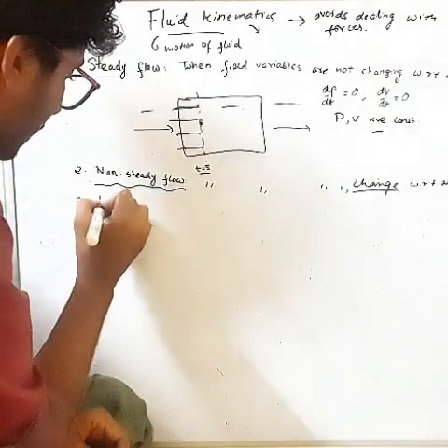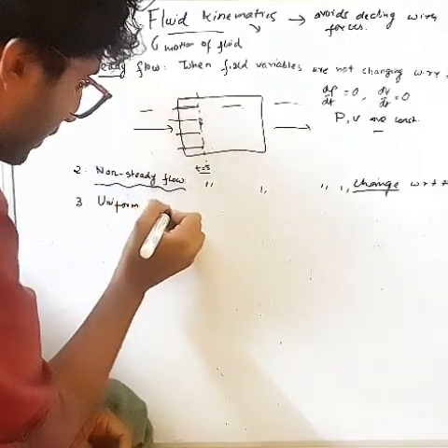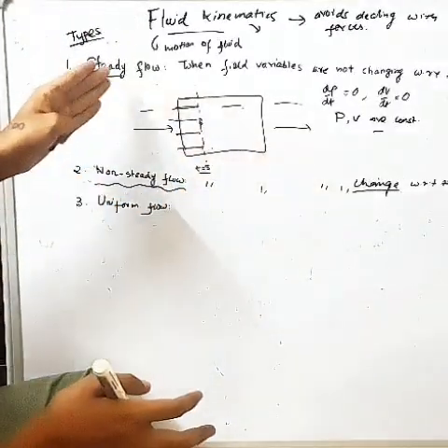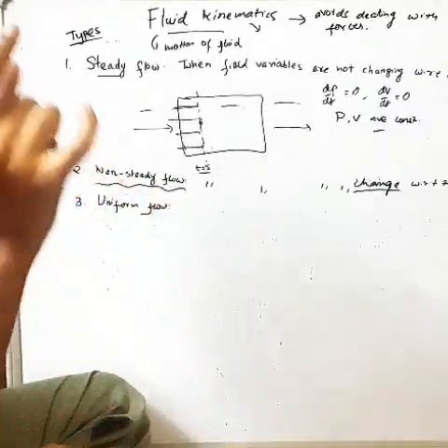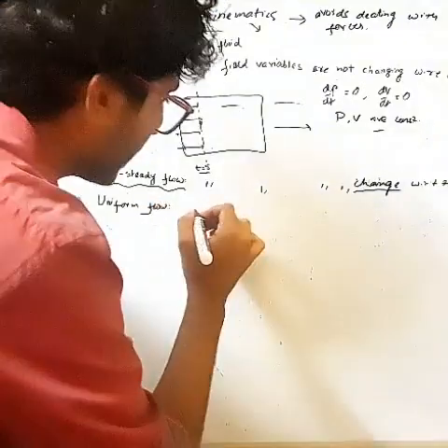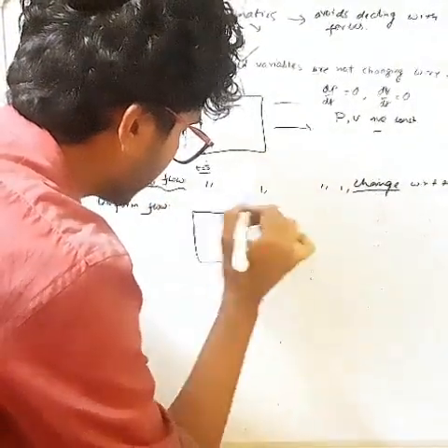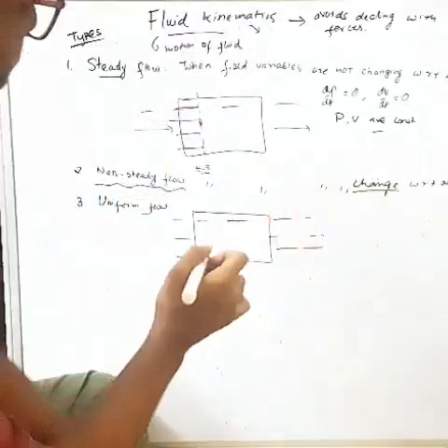Now we get uniform flow. Uniform flow is when field variables are not changing with respect to space.